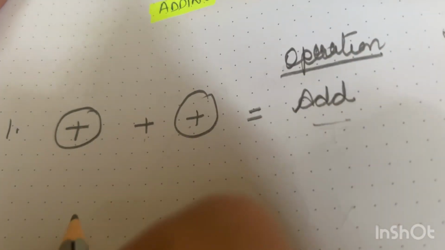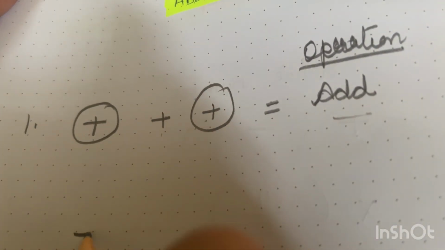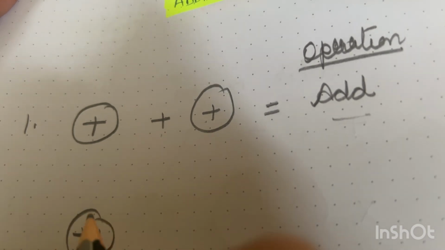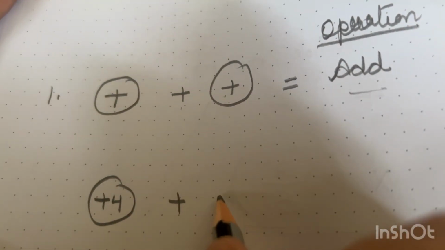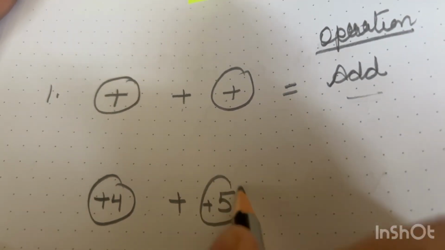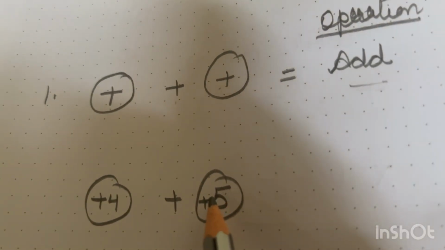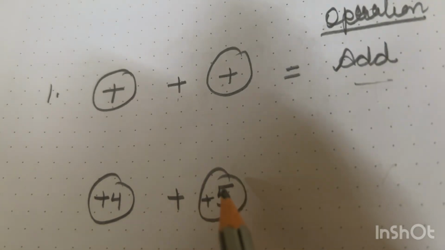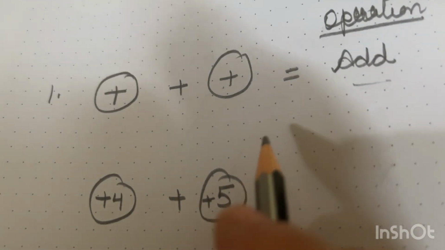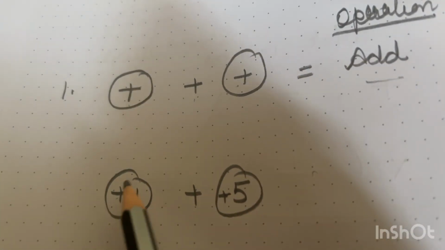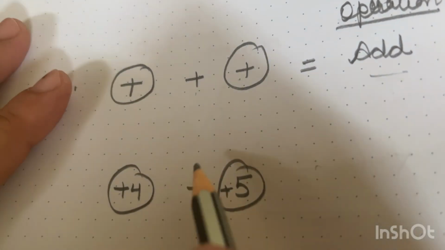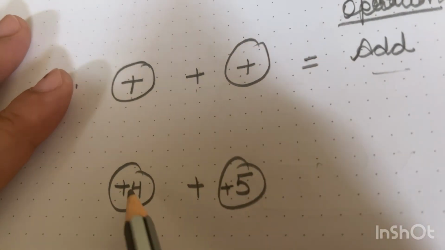For example, suppose we are adding plus 4 plus 5. As I have told you in my last video also, if we do not write any sign, it means the integer is a positive integer. But for your knowledge, I have written a plus sign here.